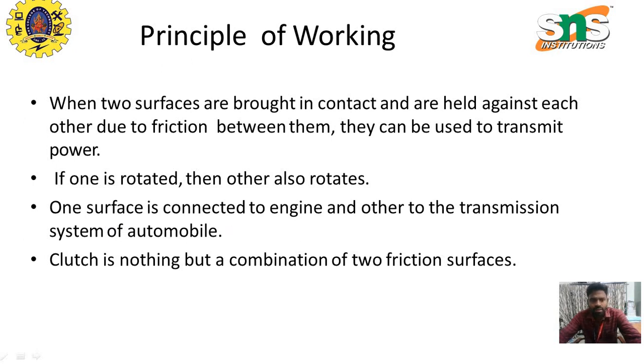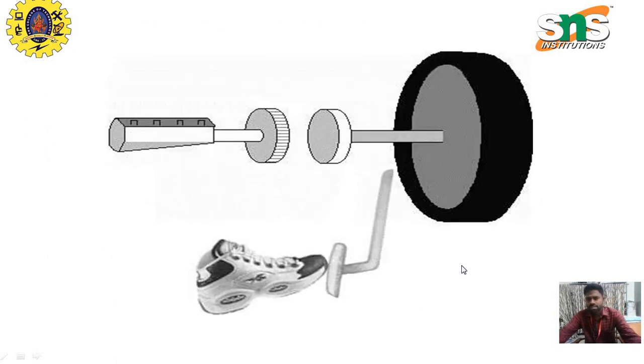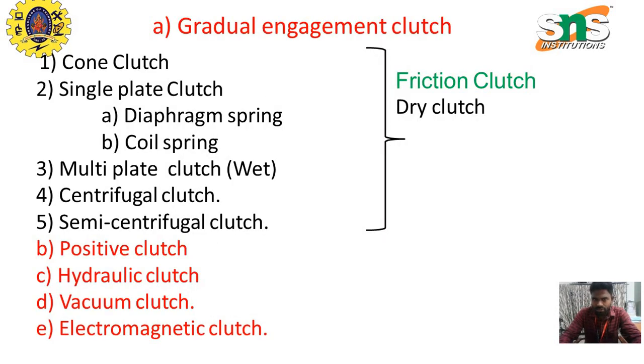The flywheel is one end, connected to the engine to receive the power during the combustion process, and the other is connected to the transmission system to transfer the power from the engine to the transmission. The clutch is nothing but a combination of two friction surfaces, as we have discussed. This is the general working principle of the clutch: how it connects the engine to the transmission, and disconnects the engine from the transmission.